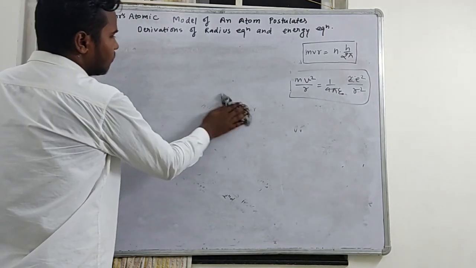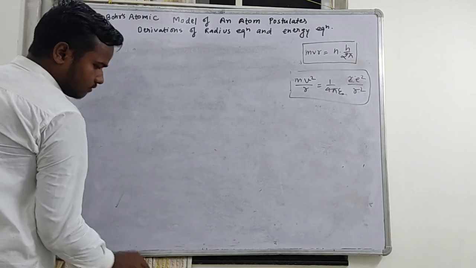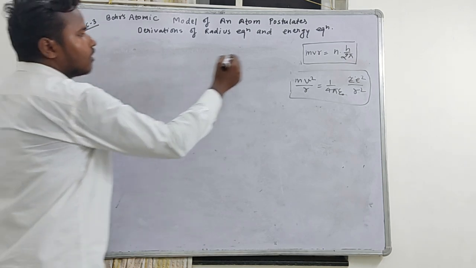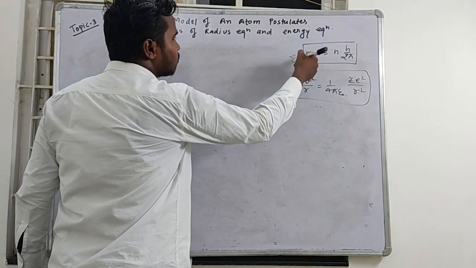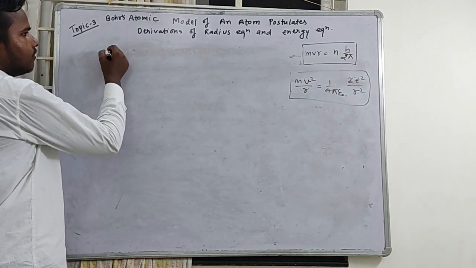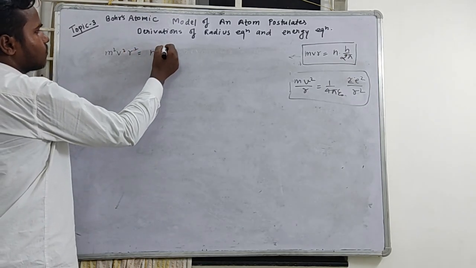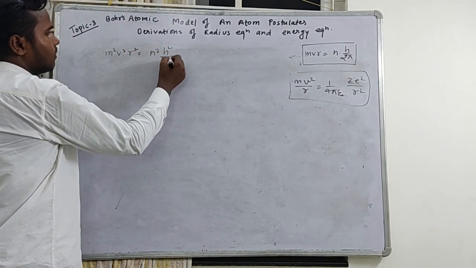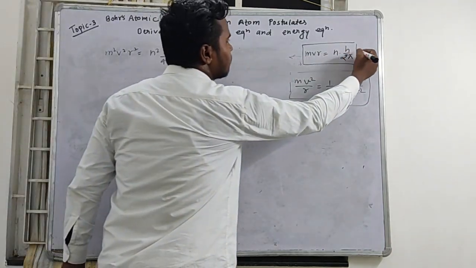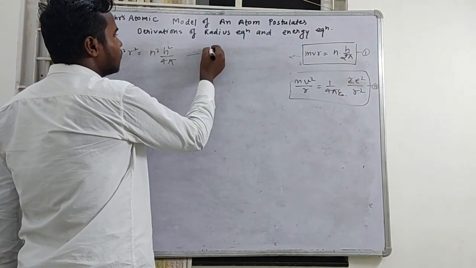For the radius equation we will use both equations. We will do the square of this, and then we get m square v square r square equals n square h square upon 4 pi square. Let's assume this is the first, this is the second and this is the third equation.